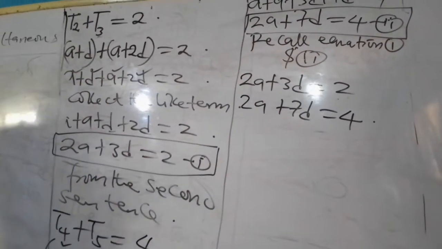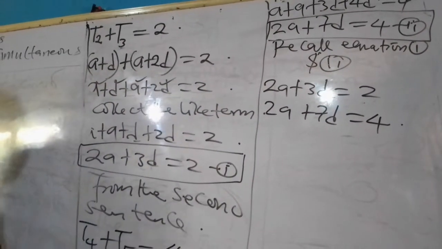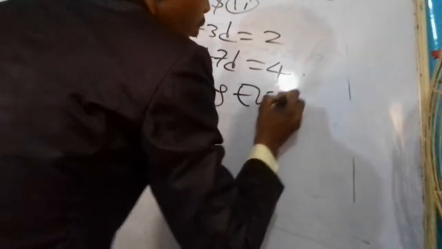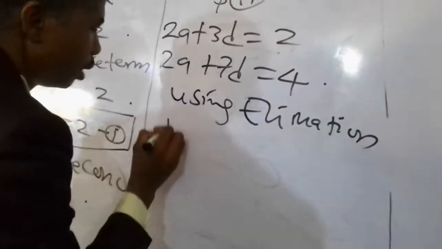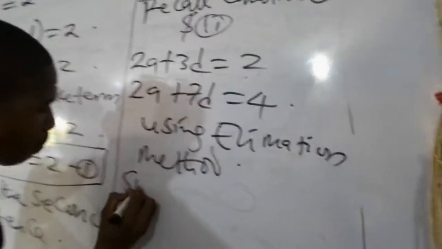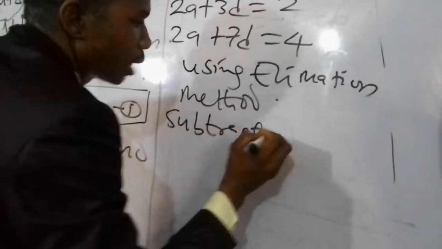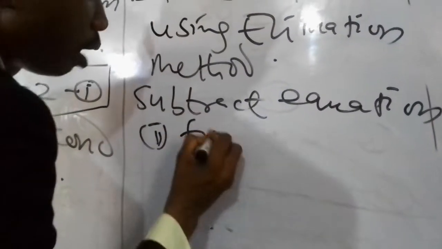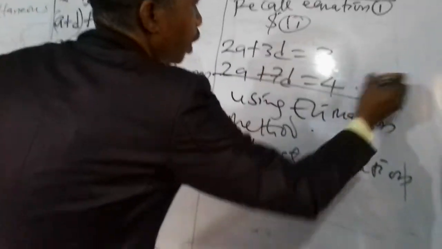Then we use what we call the elimination method. We subtract equation 1 from equation 2.